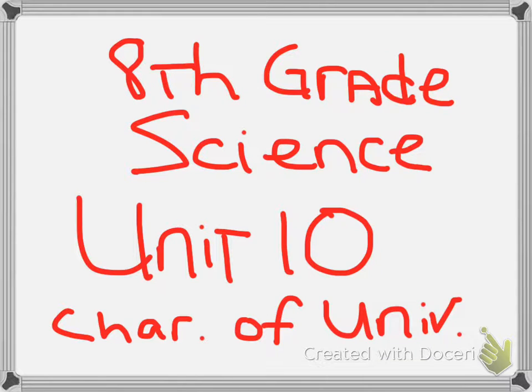Number 20, light travels at 300,000 kilometers a second. Microwaves and visible light are both forms of electromagnetic waves. Microwaves have a wavelength that is about 1,000 times longer than visible light. How fast do microwaves travel?